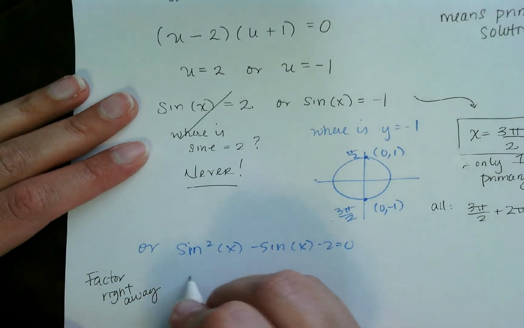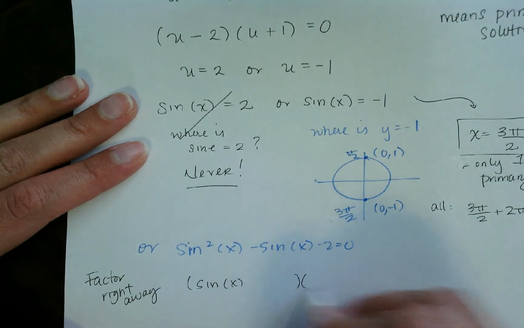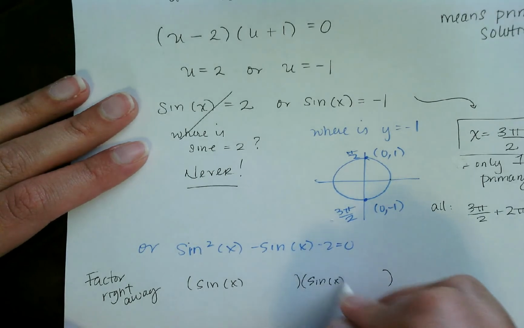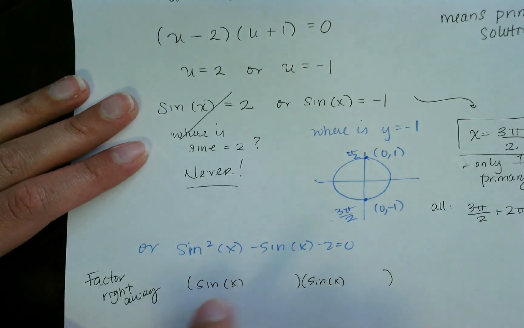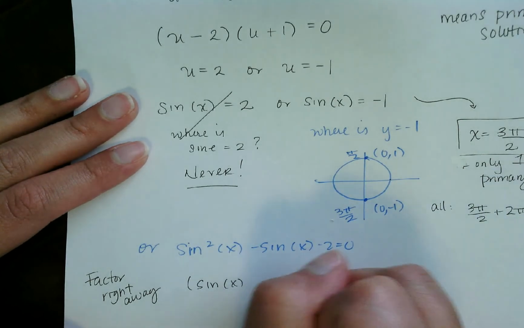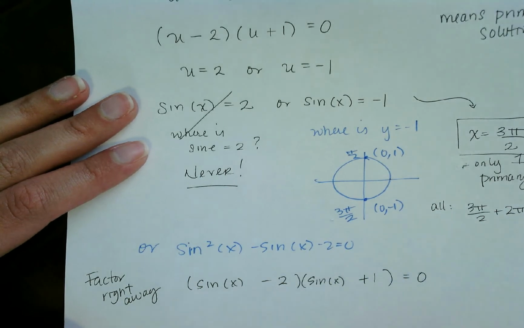So what times what gives you sine squared? Sine times sine. What times what gives you negative 2? Negative 2, positive 1. So there's your factors. When you have it factored, you set both of your factors equal to 0 and solve.